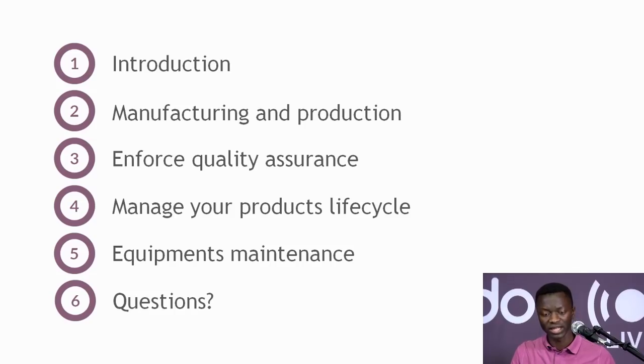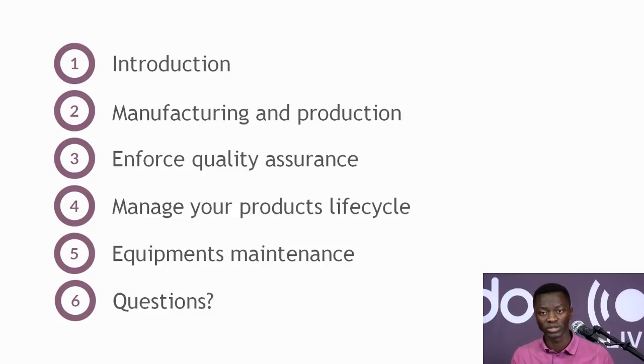So today's agenda will be on how you can use the manufacturing application to run your production orders, how you can ensure quality management for your products to make sure that you are following the right processes, and that you are in line with the legislation if you want. We'll see product lifecycle management. This is to be able to maintain your master data, your products, your bill of material, your routings, all of that.